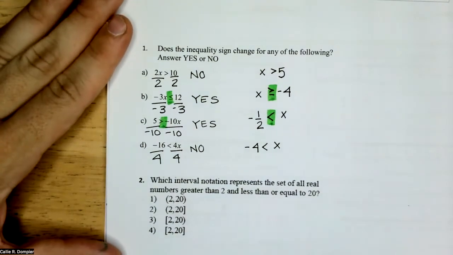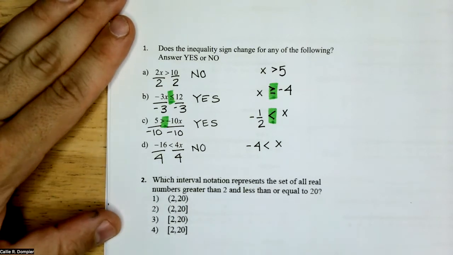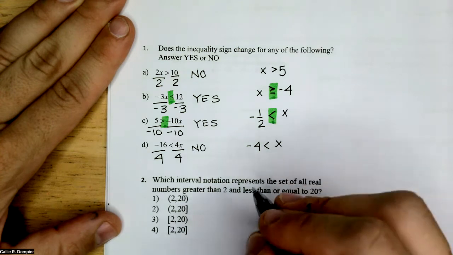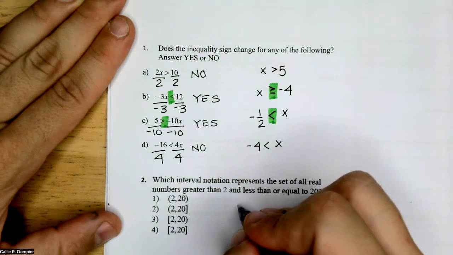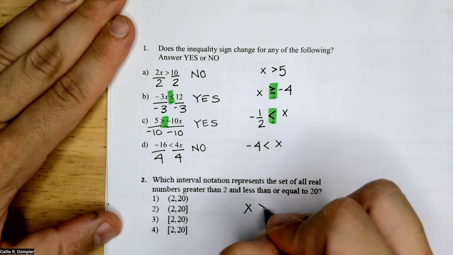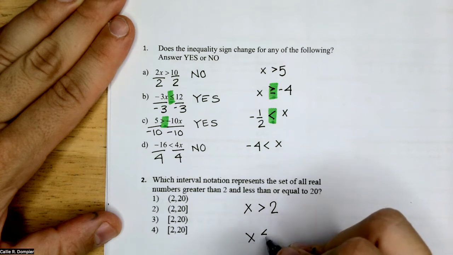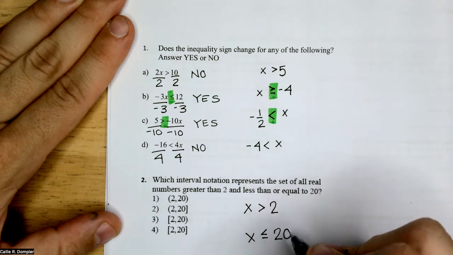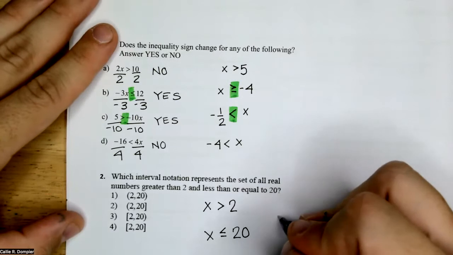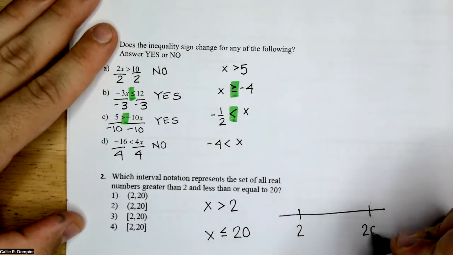Number 2 asks, which interval notation represents the set of all real numbers greater than 2 and less than or equal to 20? So x is greater than 2 and x is less than or equal to 20. If I had to graph these, here's 2 and here's 20, right?